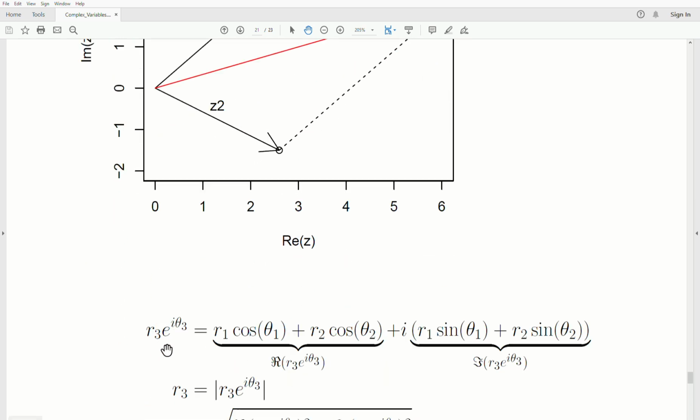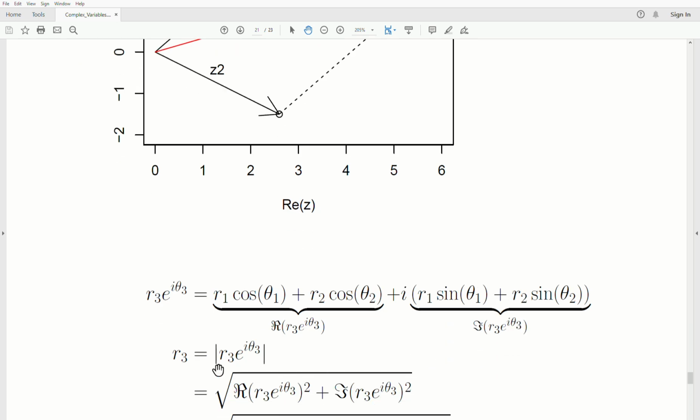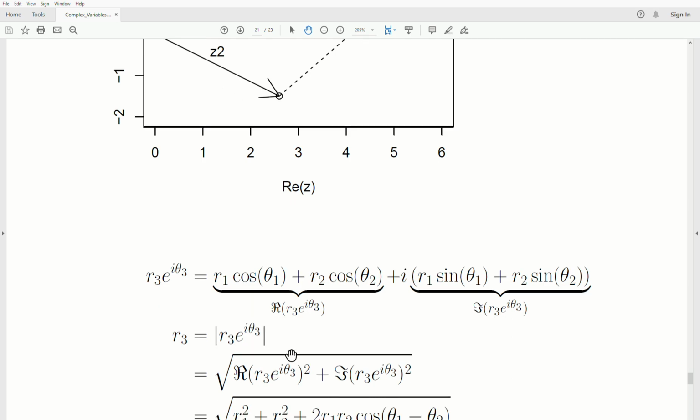So that's what we get here. So this number is the addition of these two vectors, right? You add the real components, plus you add the imaginary components. So this is the real component, this is the imaginary component. So the modulus, or R3, is the square of this plus the square of the imaginary component, square rooted.